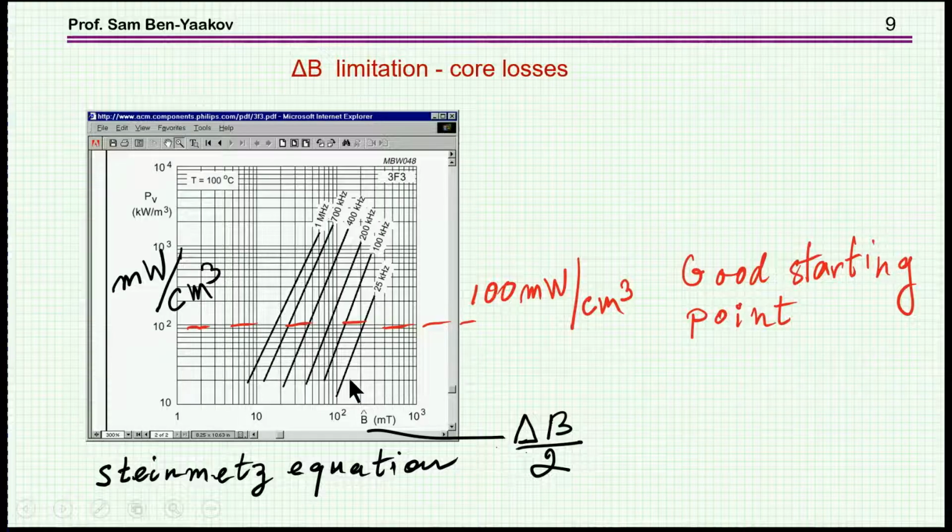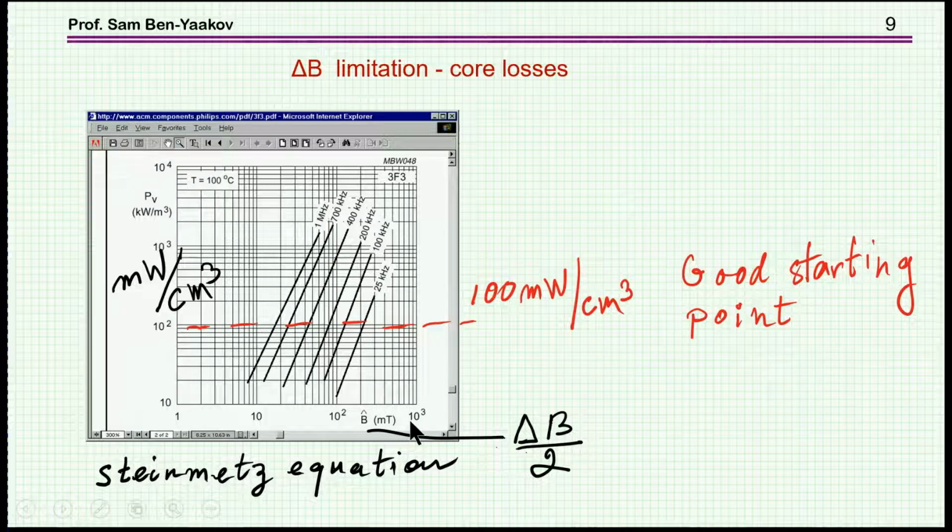And we see here curves for different frequencies. The higher the frequency, the higher the losses for a given B hat. Okay, say for this B hat, we have for 25 kilohertz this loss, and then it goes up and up and up as the frequency goes up.